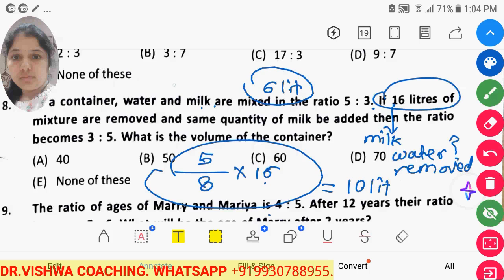Okay, now suppose previously in that mixture 5x amount of water is there and 3x amount of milk is there. So how much did you remove? 10 liters of water is removed and 6 liters of milk is removed.